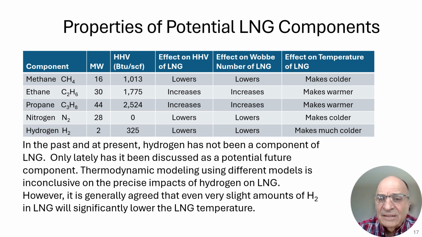One, it degrades the efficiency of your liquefier. Two, it may be colder than the design of your equipment. And there's another effect that I didn't mention, and that's that it may even make your liquefier dysfunctional. You may not be able to use the liquefier at all without removing the hydrogen first.